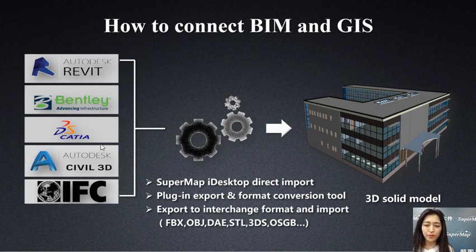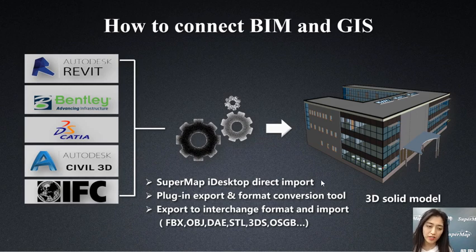In order to break through the bottleneck of BIM data access to the GIS platform, SuperMap uses export plugins and conversion tools to achieve a seamless cross-domain connection between the BIM and GIS data interface, and lays the foundation for application.